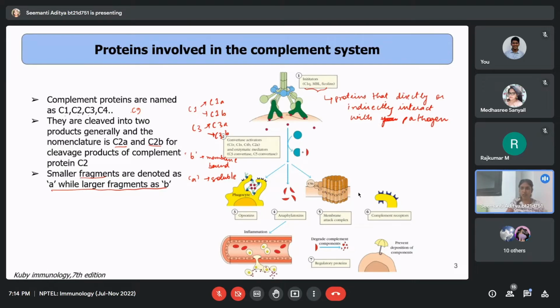So what do we mean by directly and indirectly interact? Directly interacting are some proteins like MBL or ficolins. MBL stands for mannose binding lectin.